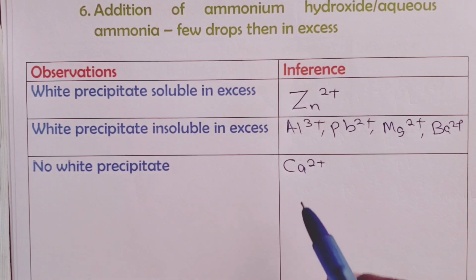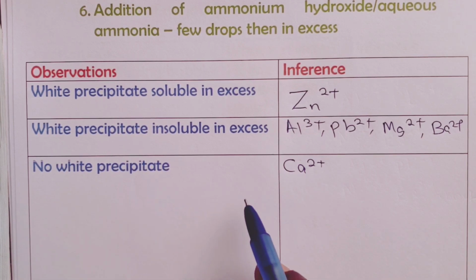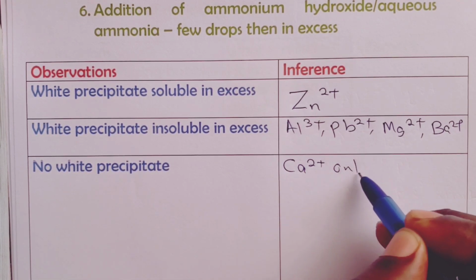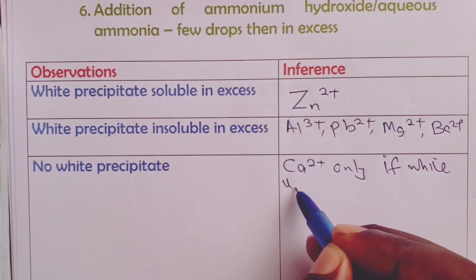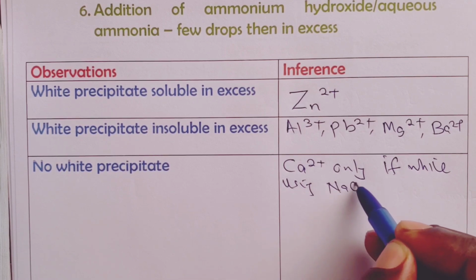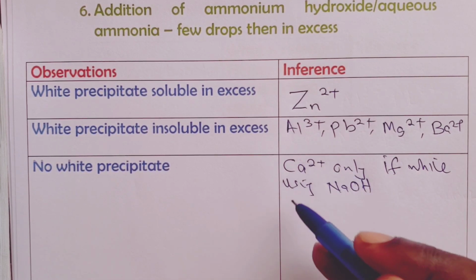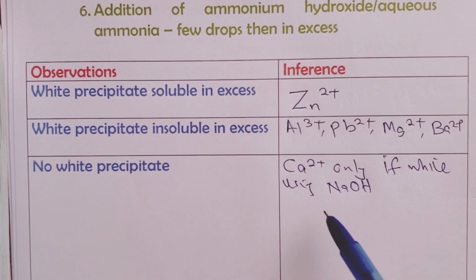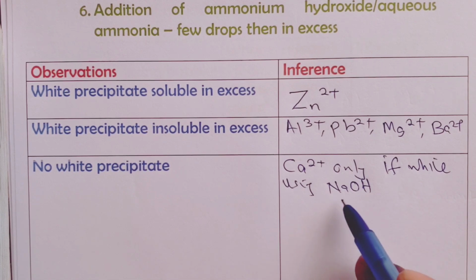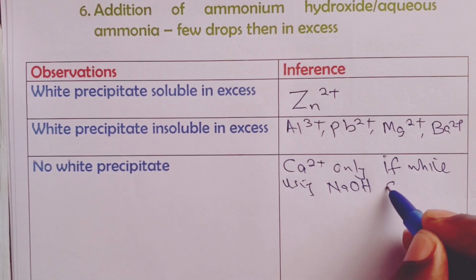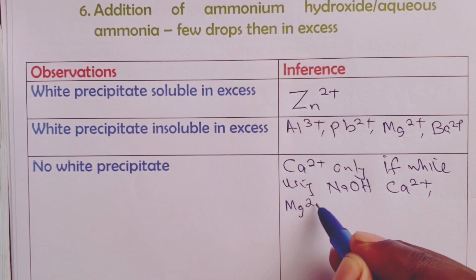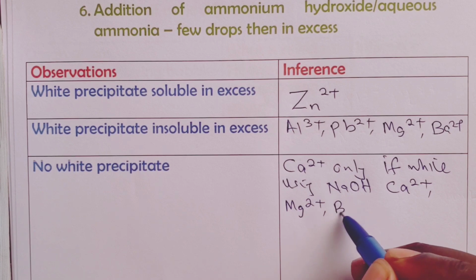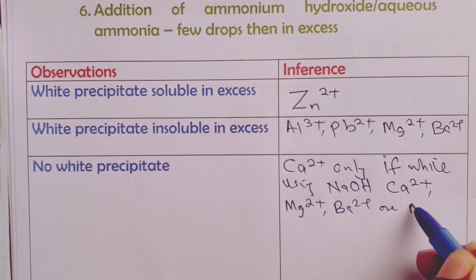So we will accept calcium if you don't see white precipitate only if, while using sodium hydroxide on a test that may be before this one, we must have said somewhere that calcium, magnesium, or barium are present.